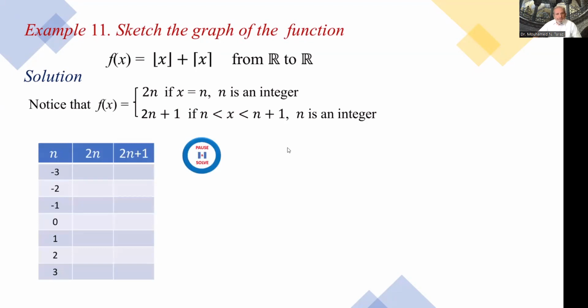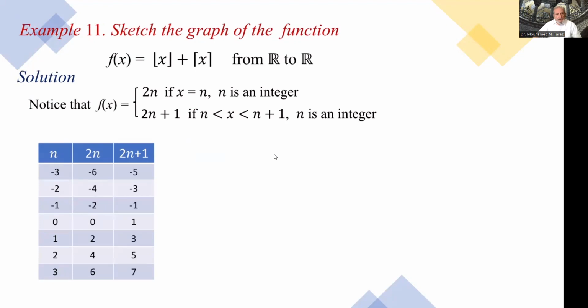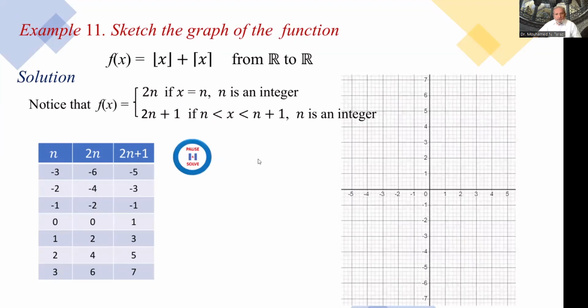So I will let you fill up this table. And we get this table. Now we need to draw that. So let's see what happens when x is an integer. We're starting from -3 here.